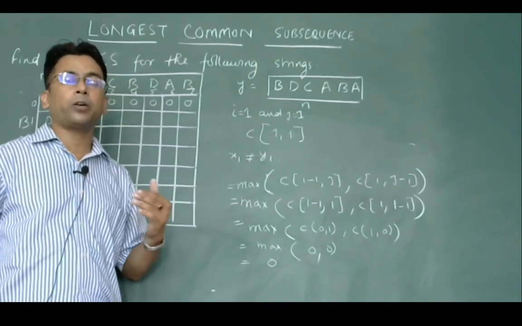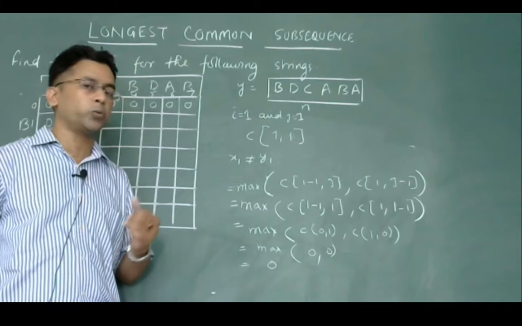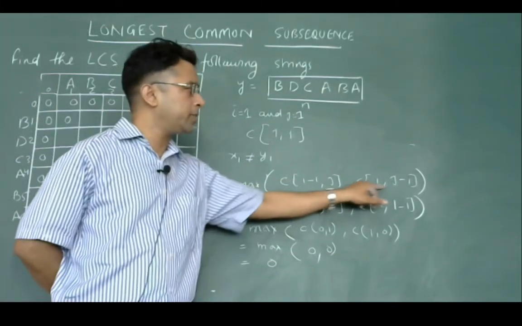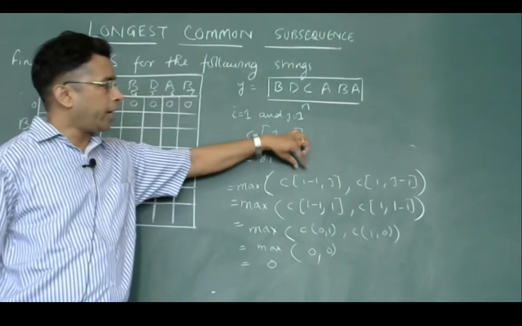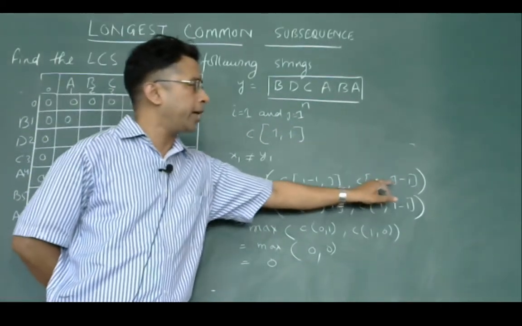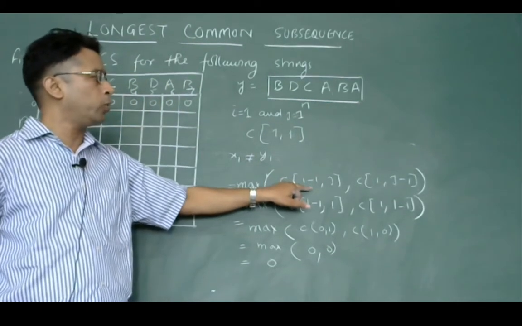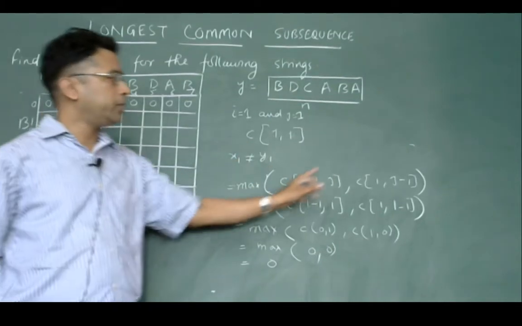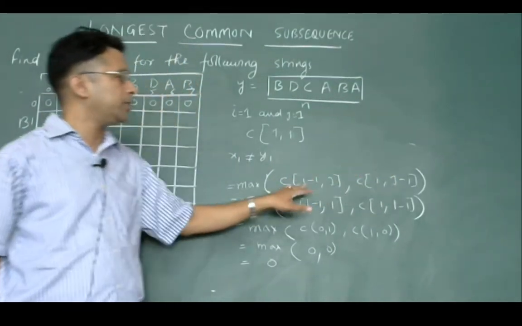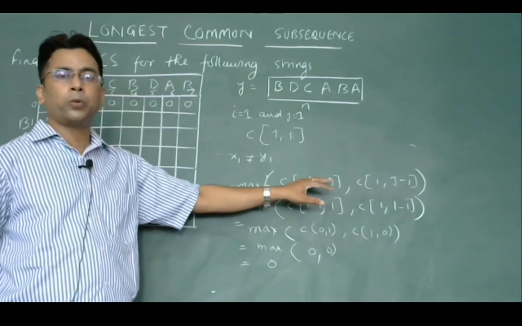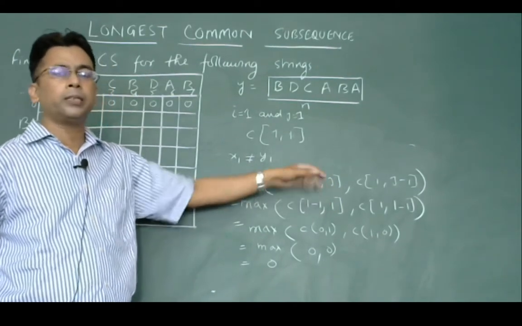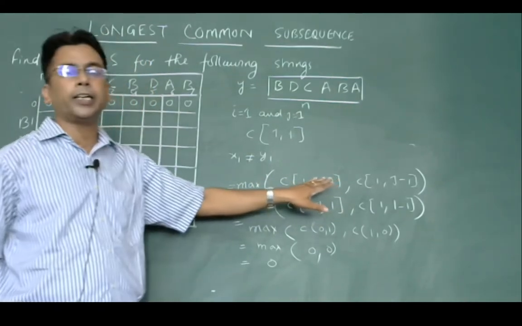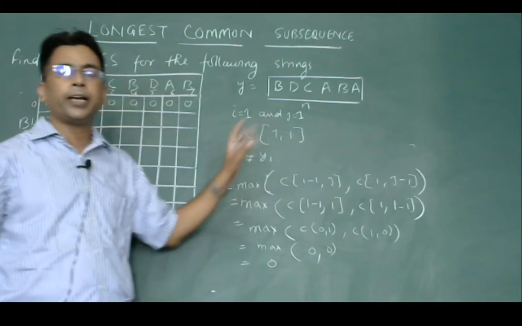When xi is not equal to yi, in that situation we compare c[i-1, j] and c[i, j-1]. If c[i-1, j] is greater than or equal to c[i, j-1], then the arrow is upward.